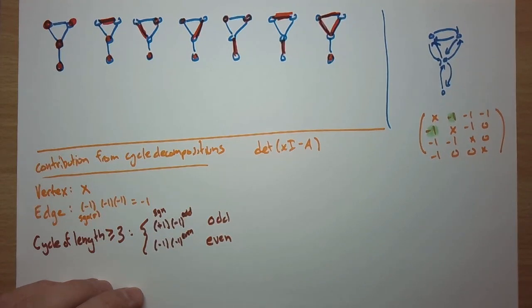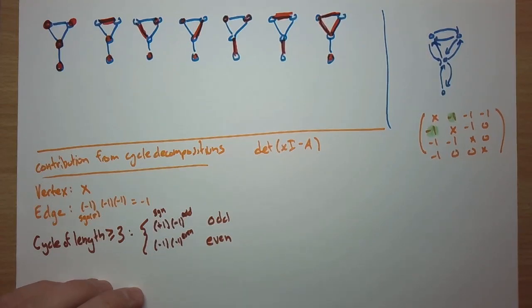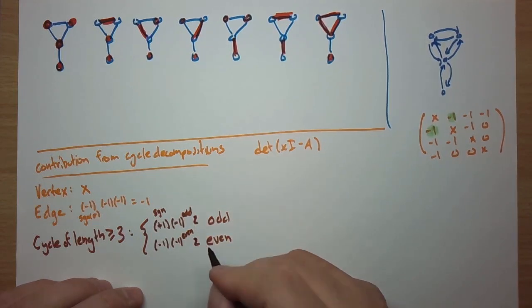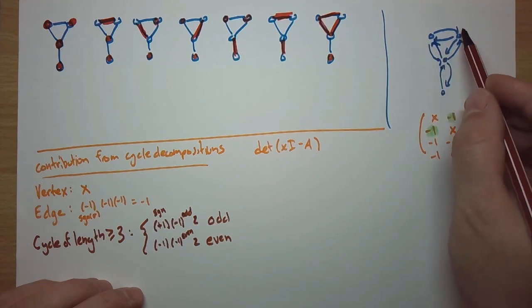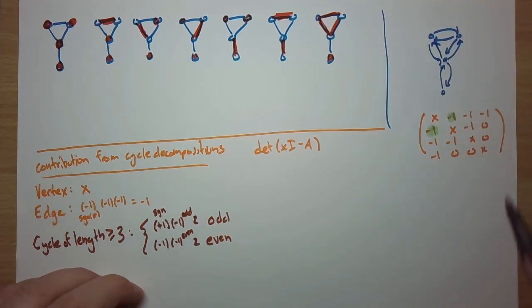Anything else? I know there's not a lot of space there, but maybe we could squeeze in one little tiny piece. A 2. Why the 2? Because remember, we could have gone around that cycle in 2 different ways.